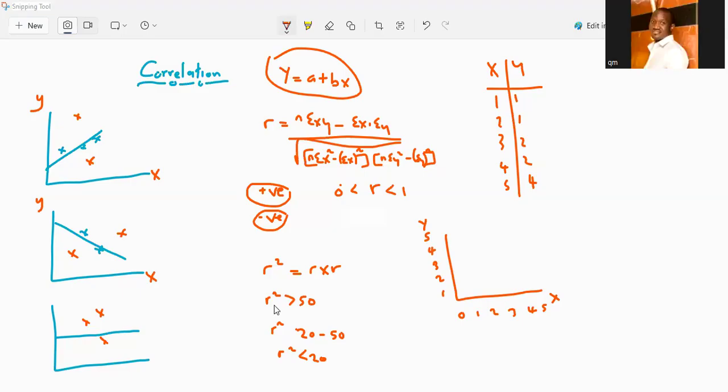So you are able to sketch this on the X-Y plane. 1, comma 1, we plot here. 2, comma 1, put it here. 3, 2, put it here. 4, 2, put it here. 5, 4, put it here.